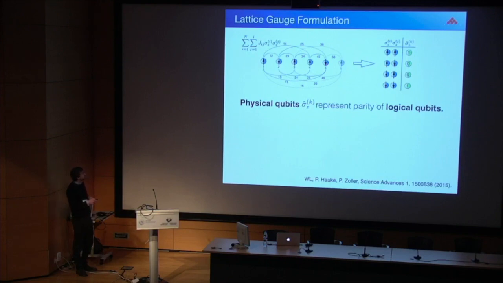So this means we translate pairs of qubits into new qubits. And the translation rule is that if two qubits point in the same direction, it's spin up. And if they point in different directions, it's spin down. So this means on each connection, we have now a qubit which measures the relative orientation of two spins.